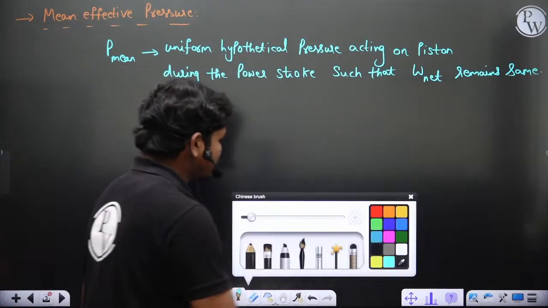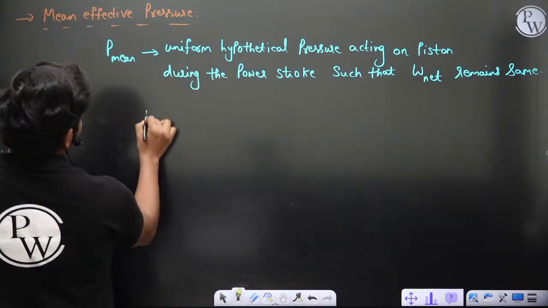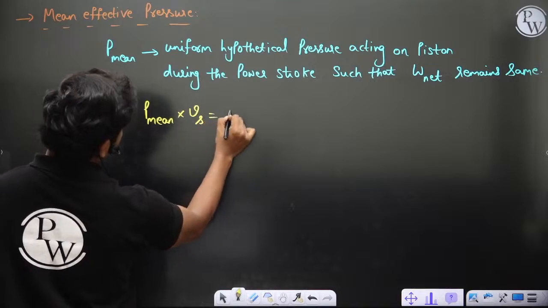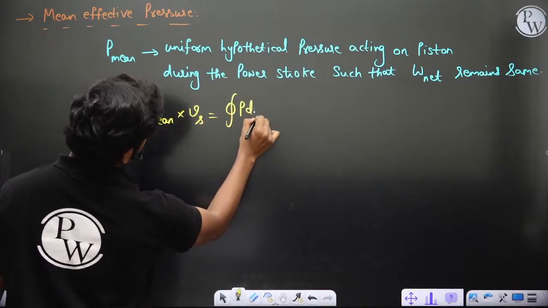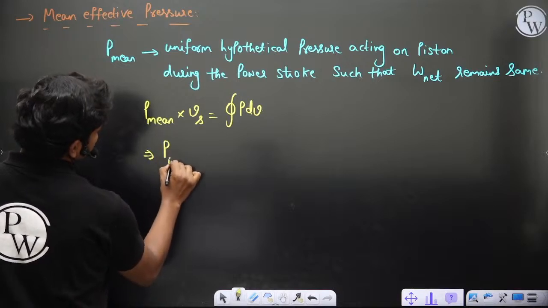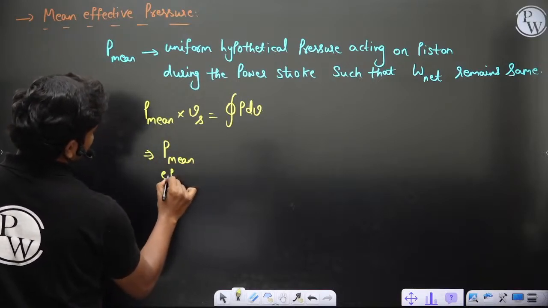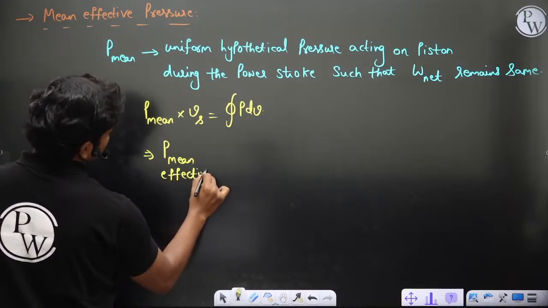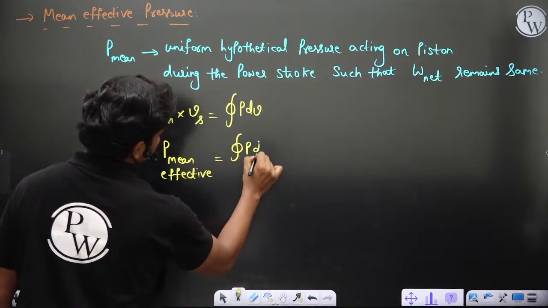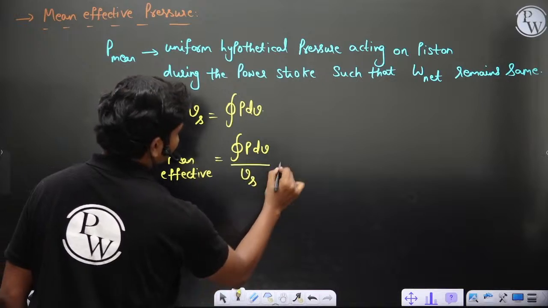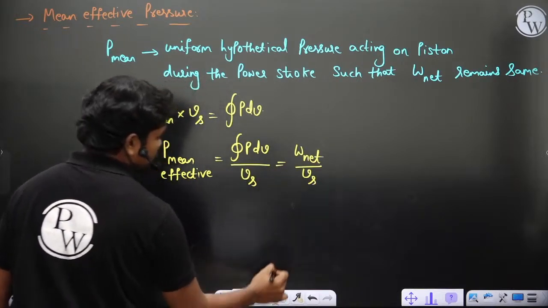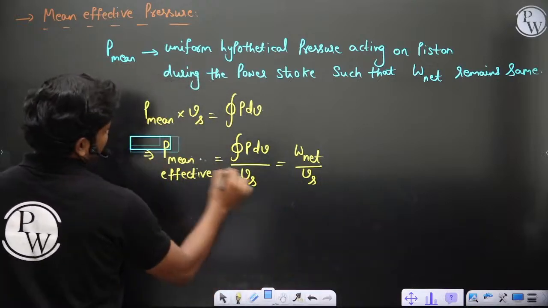Mathematically this is given as P mean times the swept volume is nothing but W net, which is the cyclic integral of PdV. So mean effective pressure P mean effective in general is equal to the cyclic integral of PdV divided by swept volume, which is also written as W net divided by Vs. This is the expression for P mean.